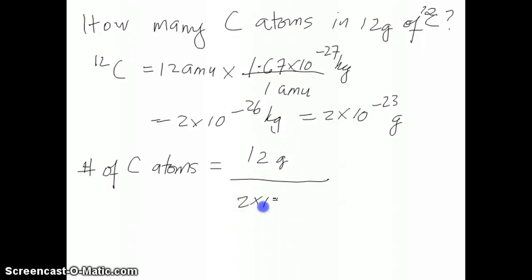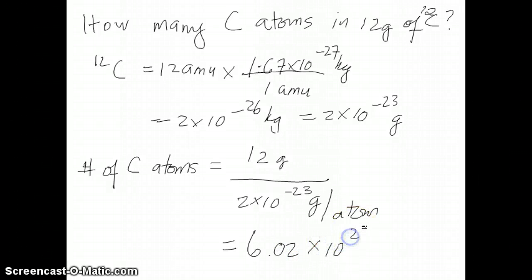This is actually the same exact operation we talked about in the atomic mass chapter, per atom. That should give us the number of atoms that we have in 12 grams of carbon. If you do this, you get this number here.